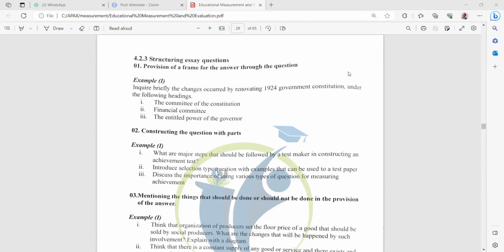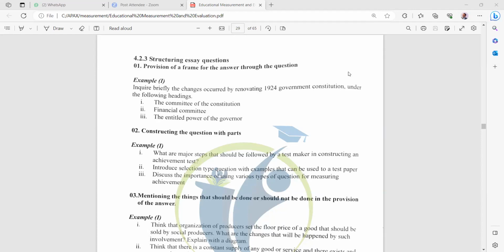So we are giving here 3 different headlines. Answer should be within these 3 areas. So there's one way of limiting their answers. The Committee of the Constitution, Financial Committee, and the entitled power of the government.